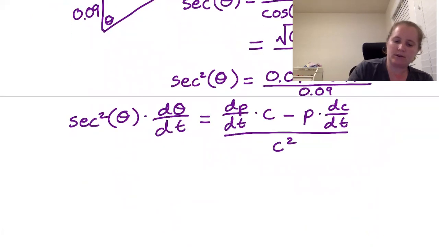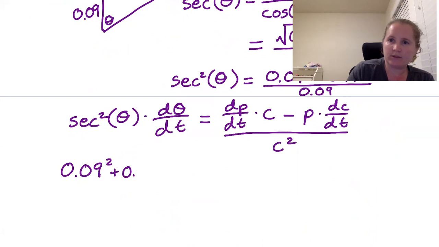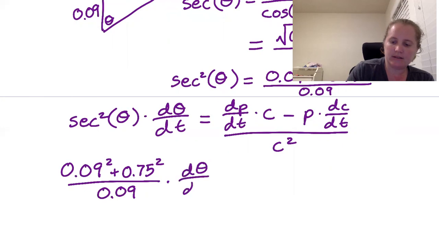So secant squared theta is the 0.09 squared plus 0.75 squared over 0.09, times d theta dt.